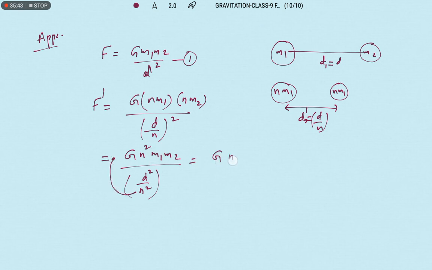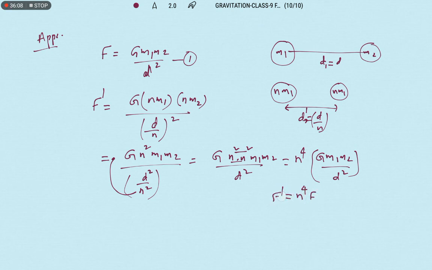Therefore G into n square n square m1 m2 by d square. So we can write G into m1 m2 by d square times of n power 4, because n square into n square, base is equal, we can add the power. So n power 4 times of the initial force.